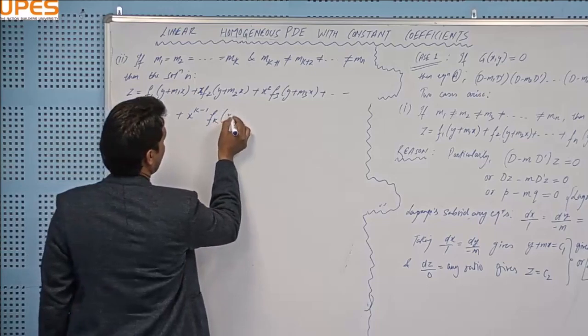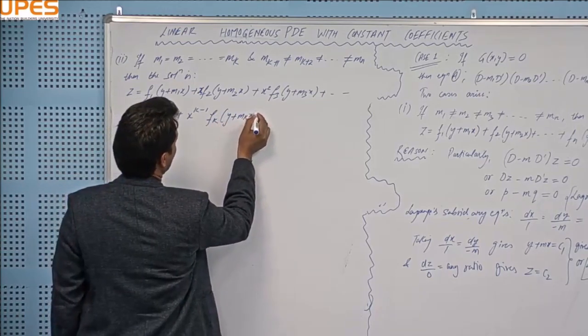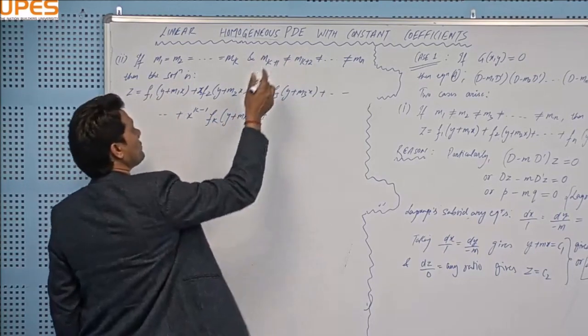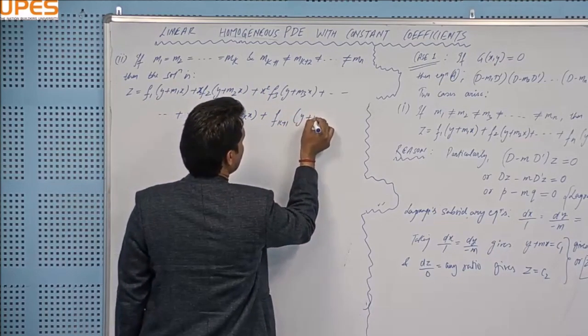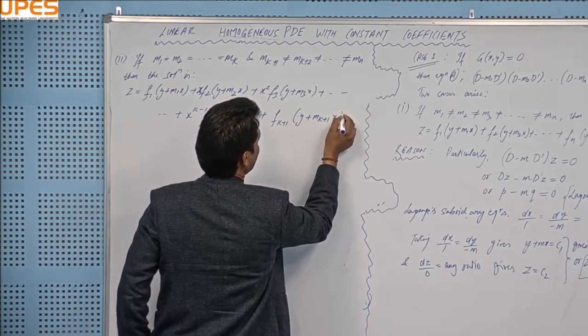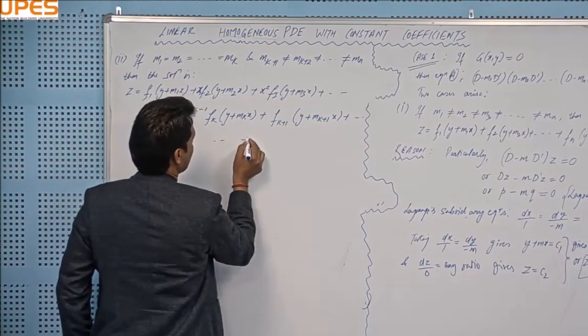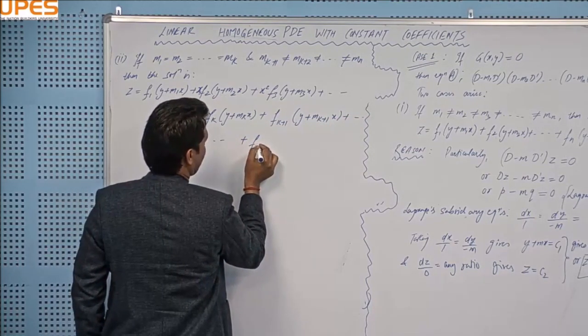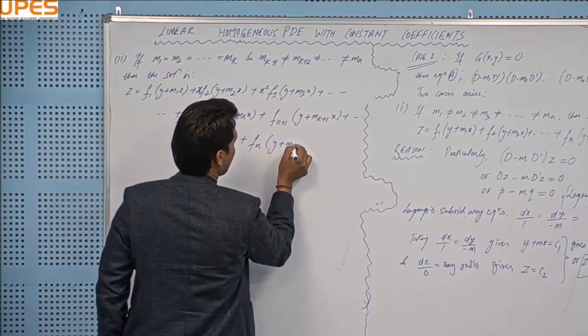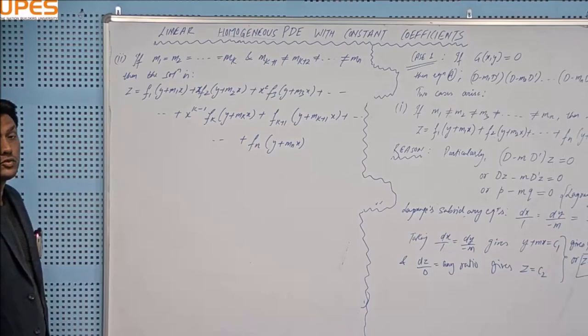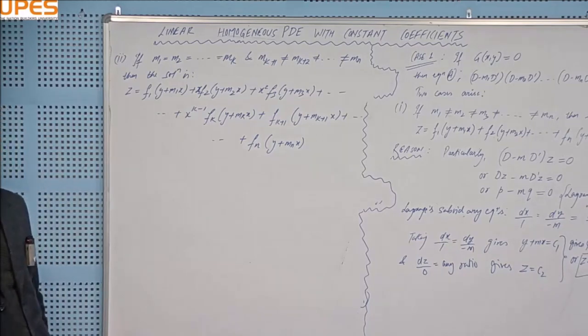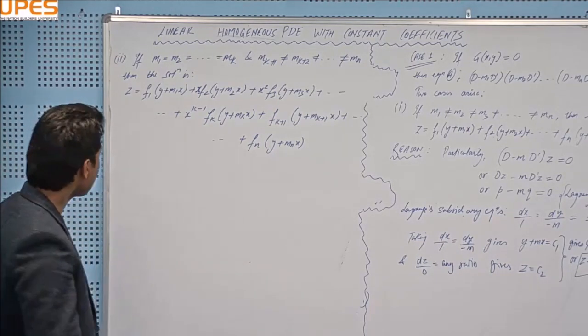Then fk(y plus mkx), and after that you have all distinct roots, so you write fk+1(y plus mk+1 x) up to the last, fn(y plus mn x).